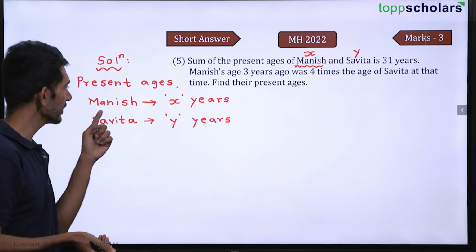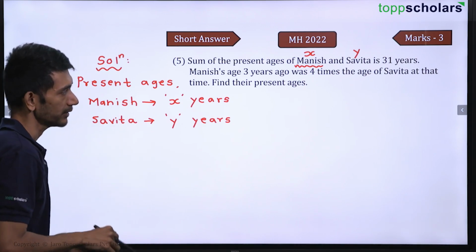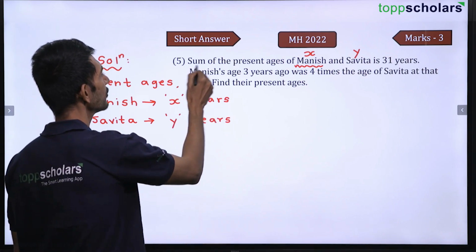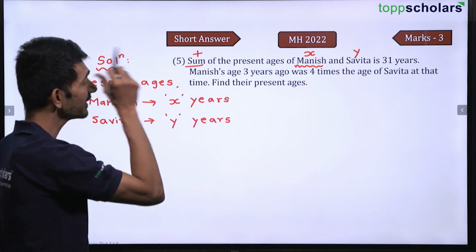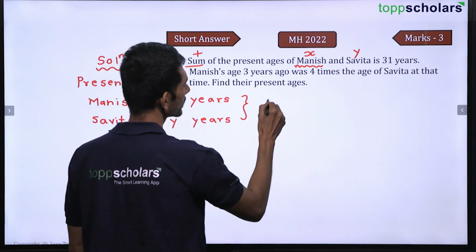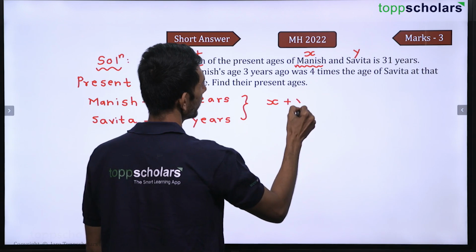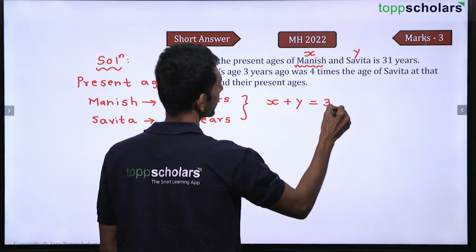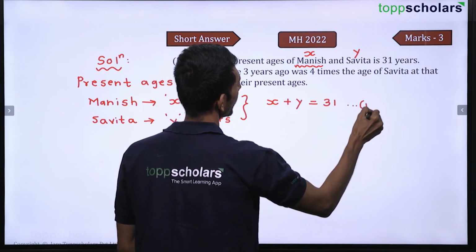Sum means addition. Addition of their present ages is how much? 31. So can I say, according to the first condition, x plus y is equal to 31. This can be my equation number 1.